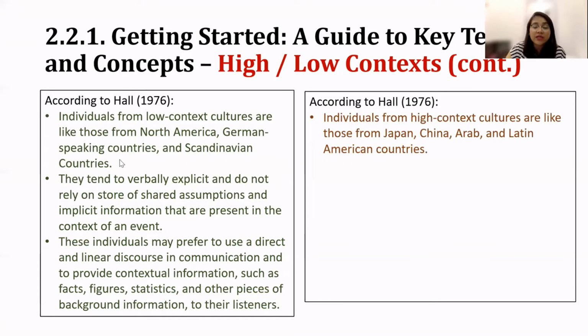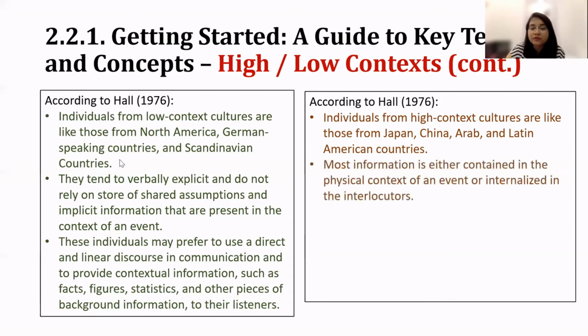Individuals from high context cultures are like those from Japan, China, Arab, and Latin American countries. What makes them different? Most information is either contained in the physical context of an event or internalized in their interlocutors. Different, right? Explicit and then implicit.